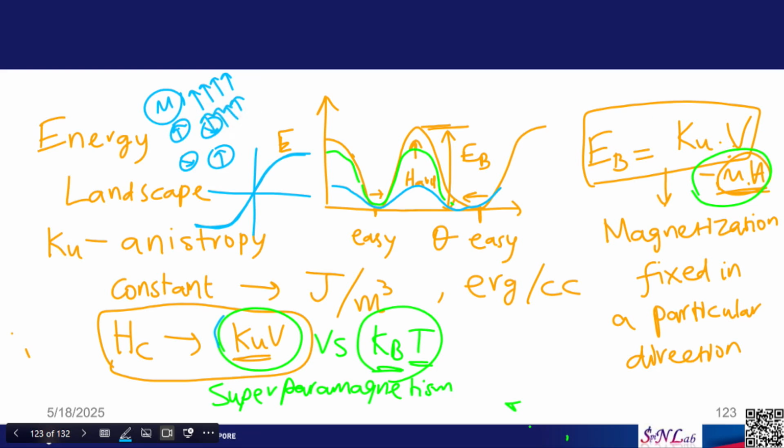So, when your applied field is very large, you will saturate all these particles along a certain direction. They will fluctuate only when there is no applied field. In the absence of any magnetic field, the only interaction is between these two energies, so thermal energy will make these particles fluctuate.